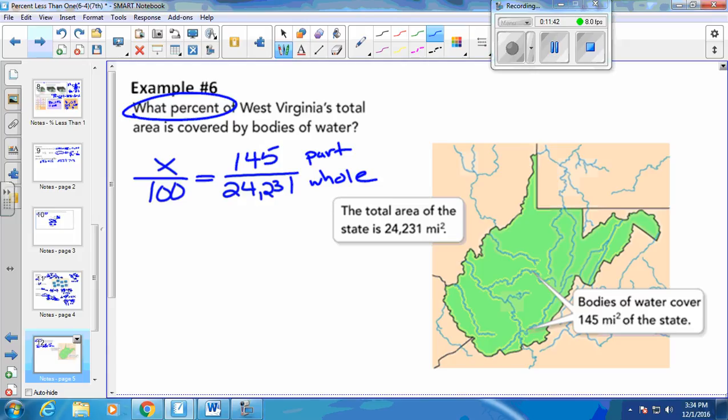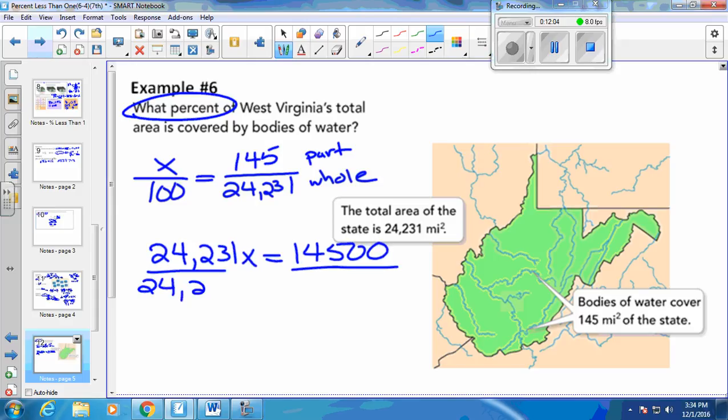So the tricky part with the percent questions is really either setting up the proportion or setting up your y equals mx. After that point, hopefully we should be able to solve them all correctly, because it's just calculator work. So I have 24,231 times x equals 14,500. Divide both of those numbers by 24,231 because I want to isolate the variable.